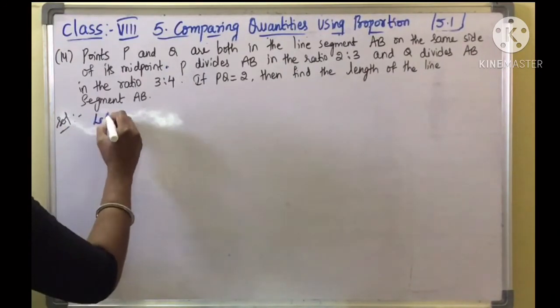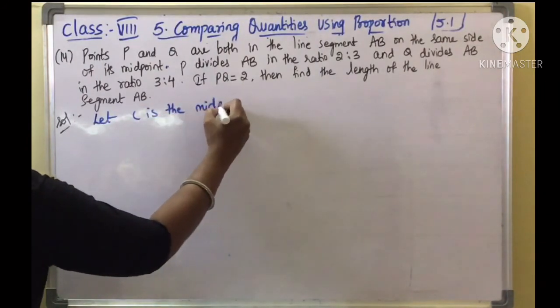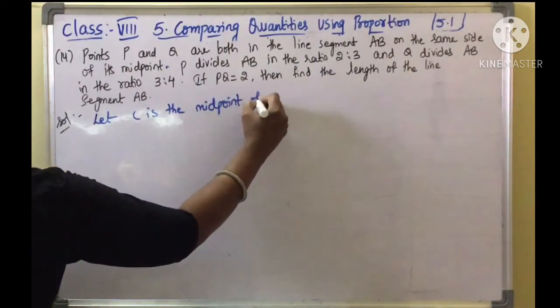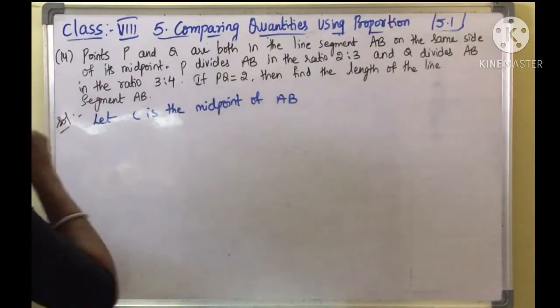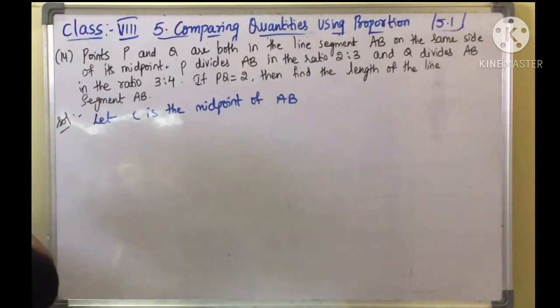Here let C is the midpoint of AB. Midpoint means, in the middle, it divides the AB into two equal parts. Okay.